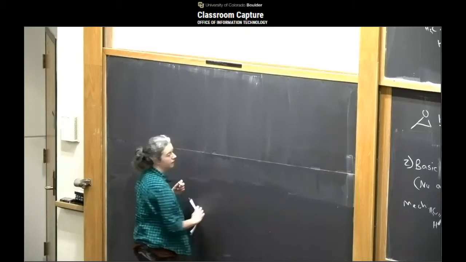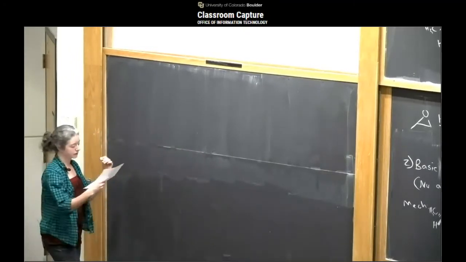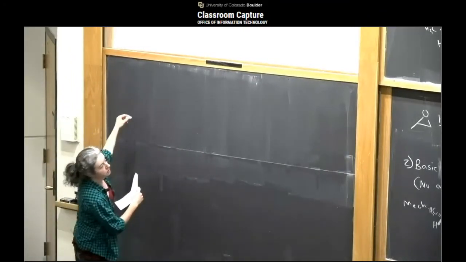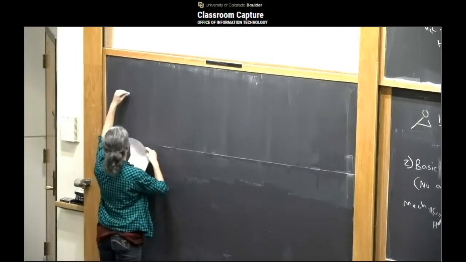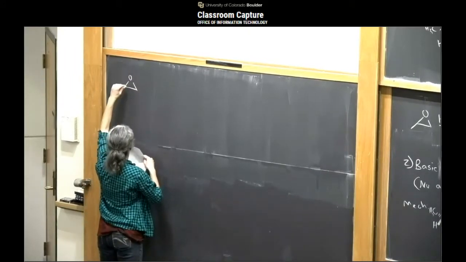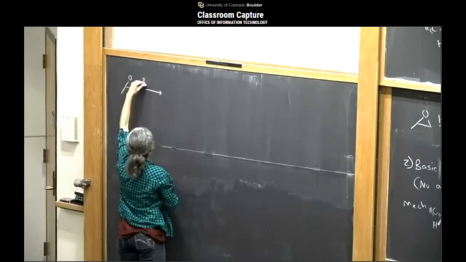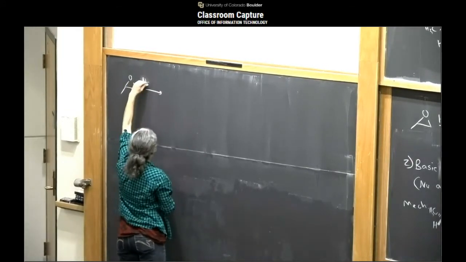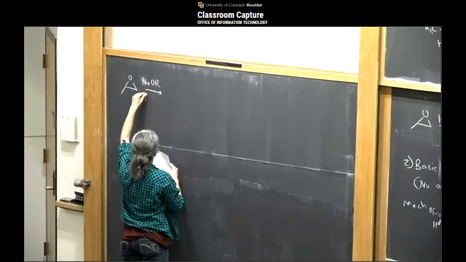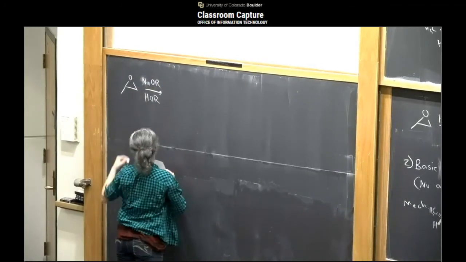Okay, so a few examples of how this reaction might look might be this molecule, and we're just going to use that alkoxide in alcohol combo that we've seen a few other times.